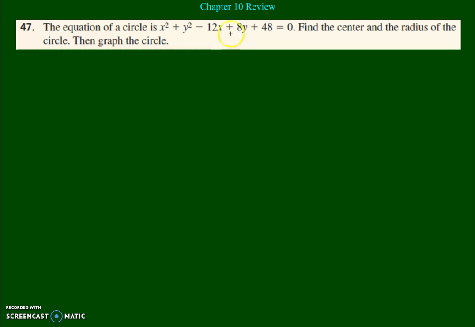And the way we do that is to combine our x terms and our y terms, and we're going to create two separate quadratics, and we're going to use the completing the square idea to give us our standard form. So if you remember completing the square from your algebra class, this is where it's going to come in.